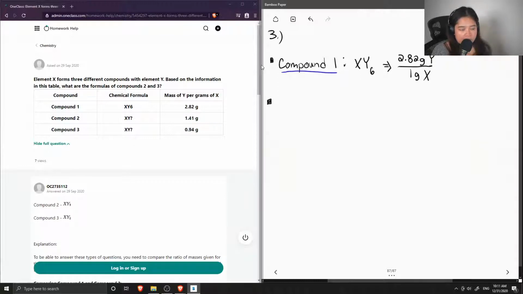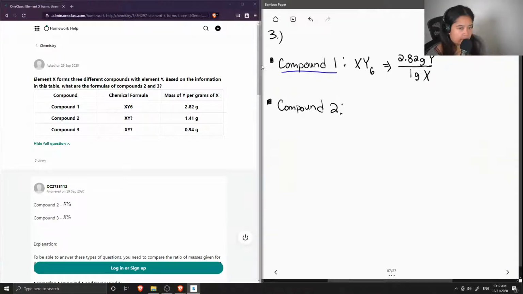formulas of compounds 2 and 3. So let's look at compound 2. We don't know its formula, but we do know that the mass of Y per gram of X is 1.41.